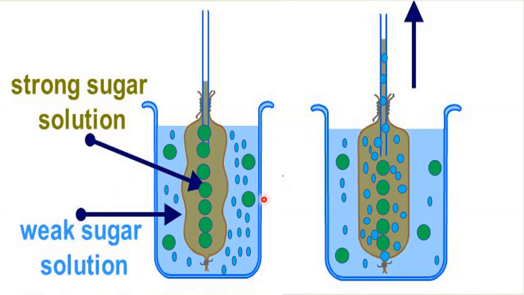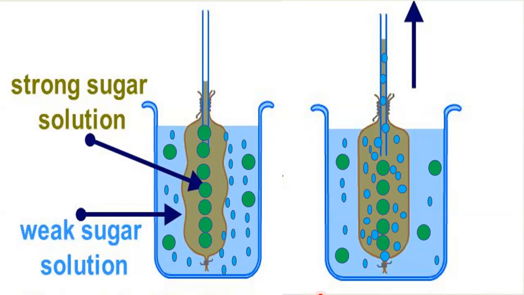Inside the bag, we have a strong sugar solution. Strong sugar solution means there are 1, 2, 3, 4, 5, 6, 7 sugar molecules and very few water molecules. So the bag has a low concentration of water and the beaker has a high concentration of water. So what will happen?